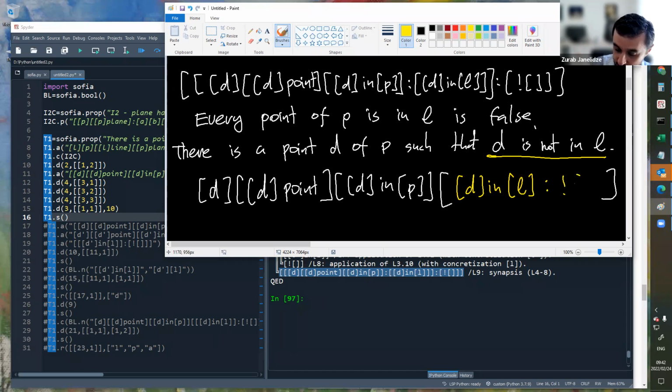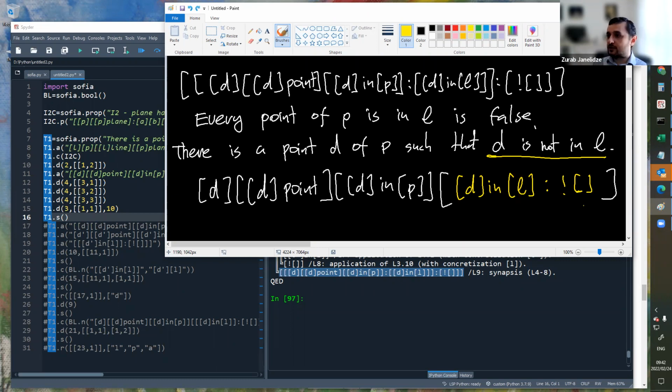And this is very good because it kind of captures the idea. We should say that D lying on L implies false. That's how we say something is not true. In mathematics, the definition of something being not true is that that thing implies false. That's how we break down the idea of something not being true into a more basic mathematical logical step.